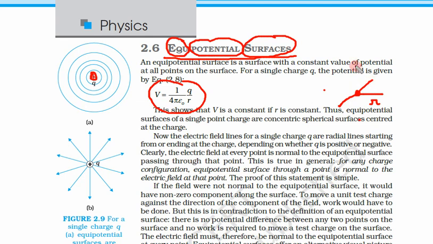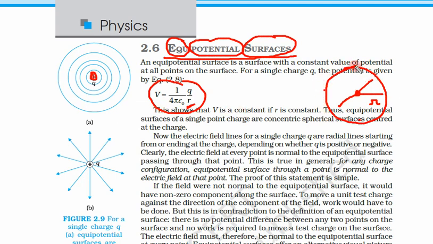If we move this r, in 2D it is making a circle. Since the distance is constant, the potential remains constant on the periphery of this circle, because it is dependent only on r, not the direction. Potential is dependent only on r, not on the direction.